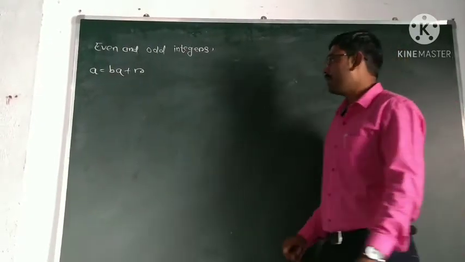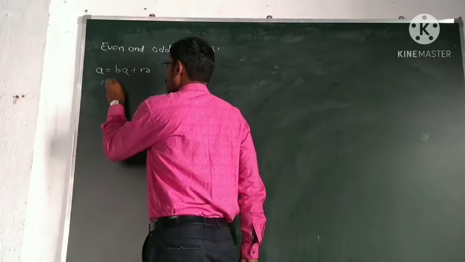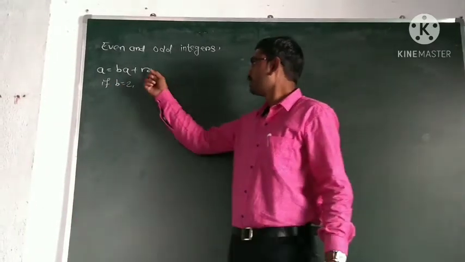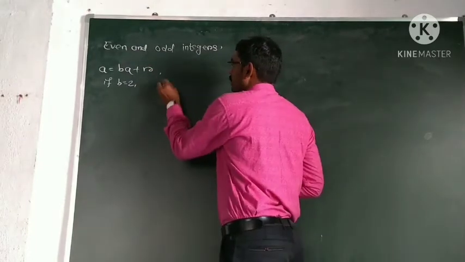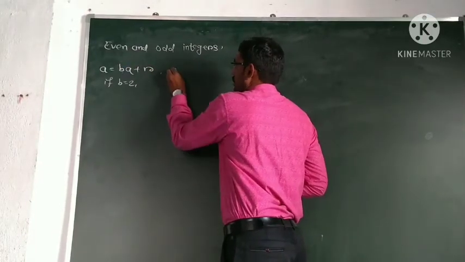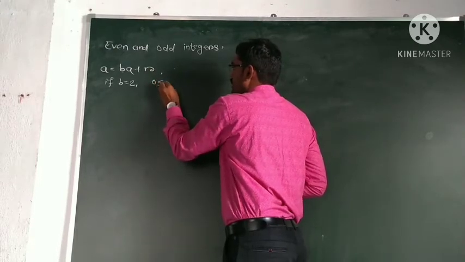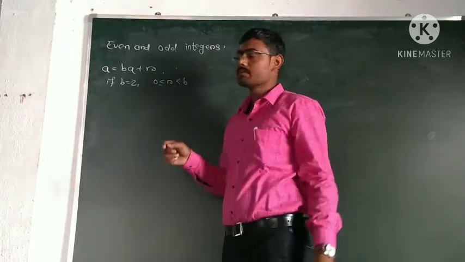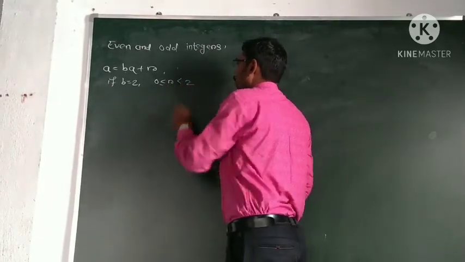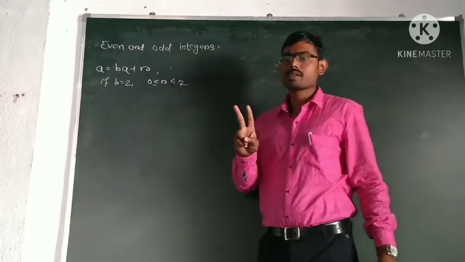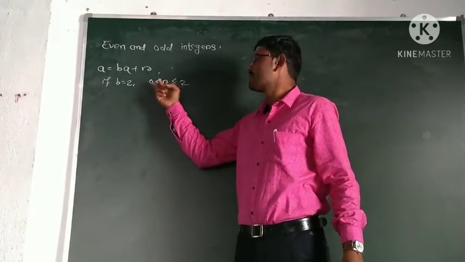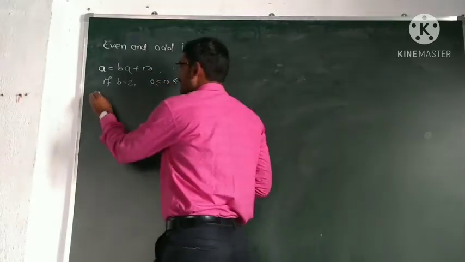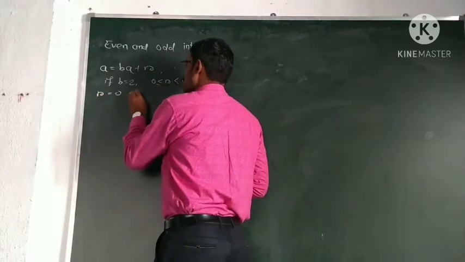If we take b equal to 2, the divisor is 2, then the remainder is always less than the divisor. So for r there are only two options: r is equal to 0 or r is equal to 1.